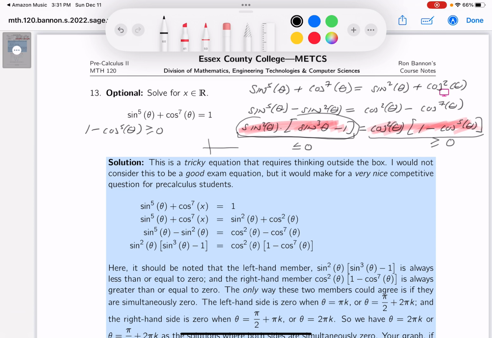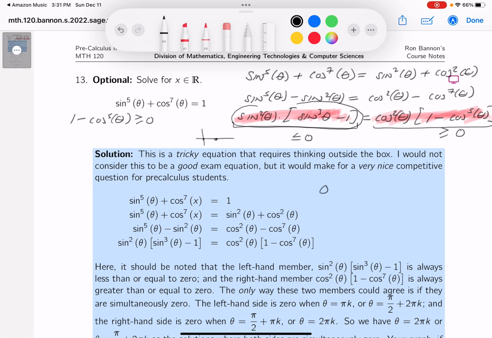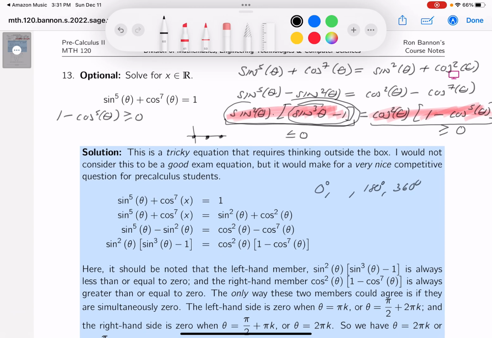It becomes 0 at 0 degrees, 180 degrees, and 360 degrees. And it becomes 0 somewhere else. It becomes 0 when this factor becomes 0, which means when the sine function takes on the value 1, and that would be at pi over 2, or 90 degrees. I'll put that down, 90 degrees.